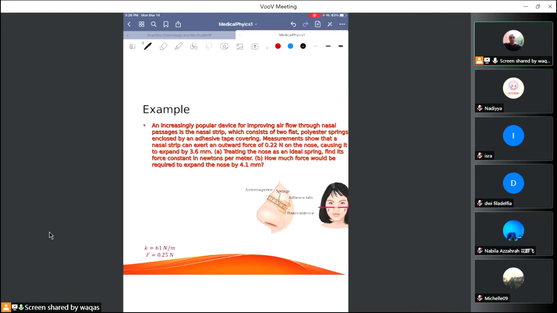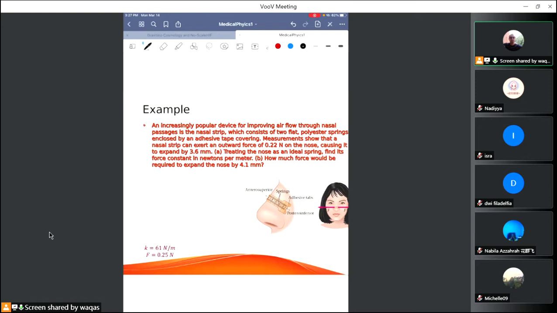This is one example, because you can think about someone who has a nose with a broken hair, and the doctor uses such kind of devices to make the nose better. So we can read this statement and then solve this.